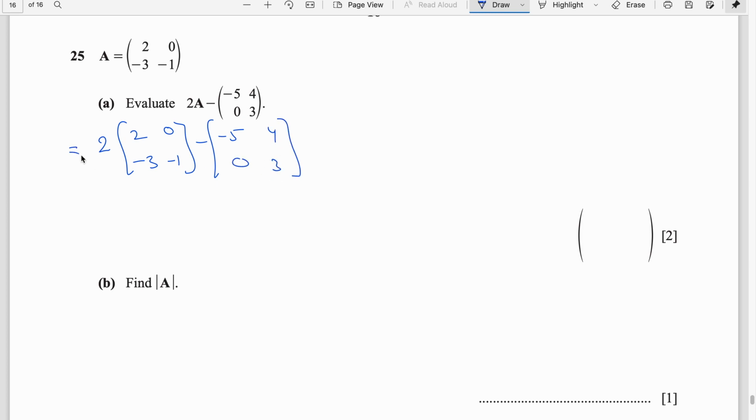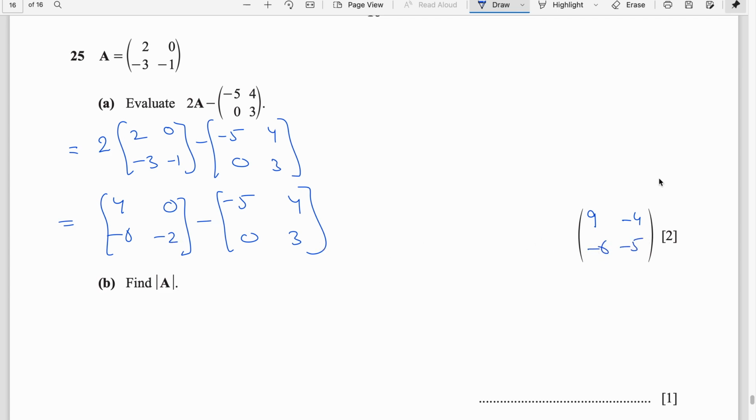Be careful with the negative sign. 2 times 2 is 4, 2 times 0 is 0, 2 times minus 3 is minus 6, 2 into minus 1 is minus 2, minus 5, 4, 0, 3. So 4 minus minus 5 is 9, 0 minus minus 4 is minus 4, minus 6 minus 0 is minus 6, minus 2 minus minus 3 is minus 5.